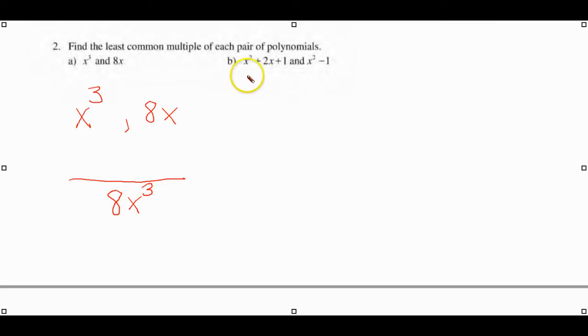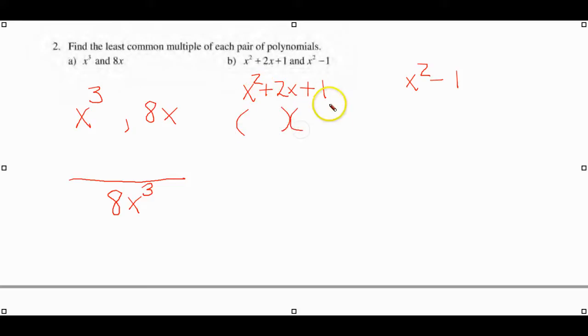Now, in example B, we're looking to see what are the factors of this. So the first thing we have to do is factor each of these terms. Let me write them out here. So can you see this is a perfect square trinomial?